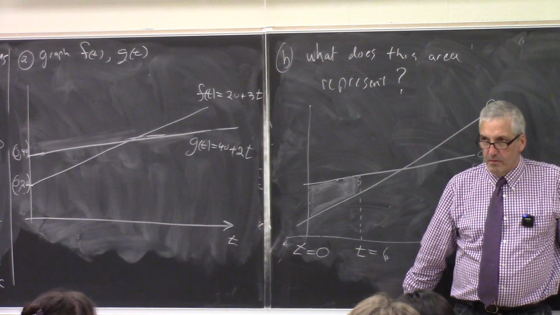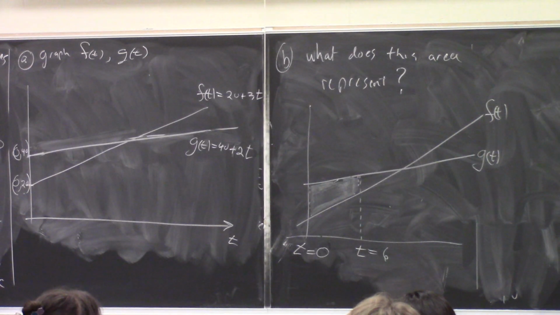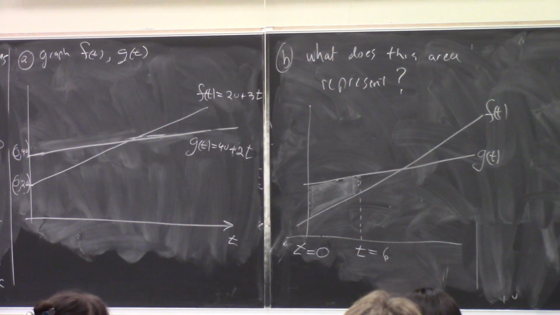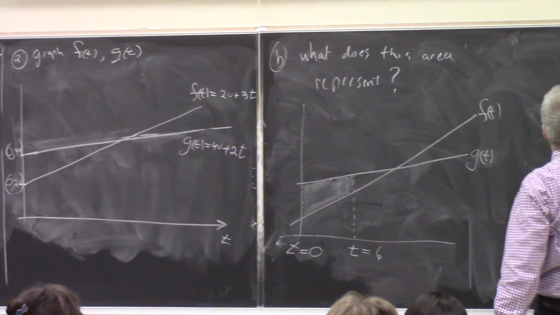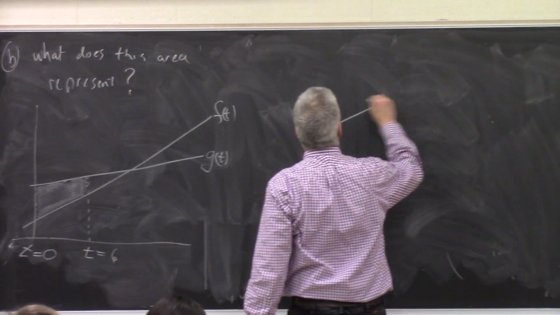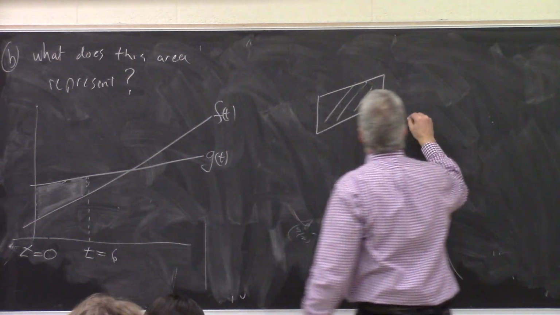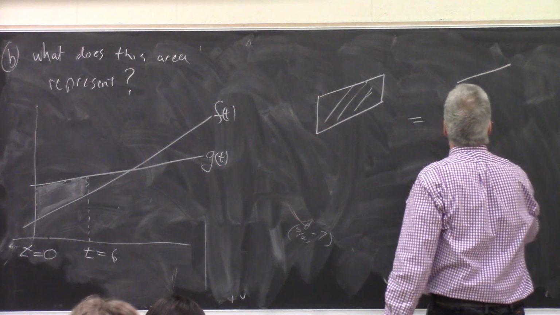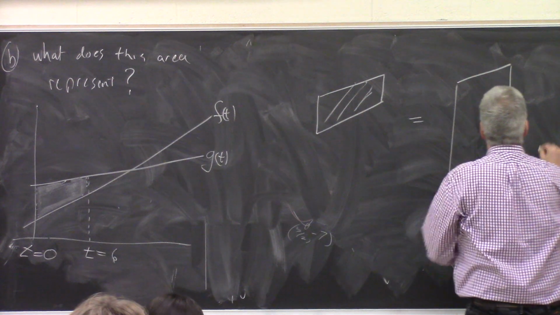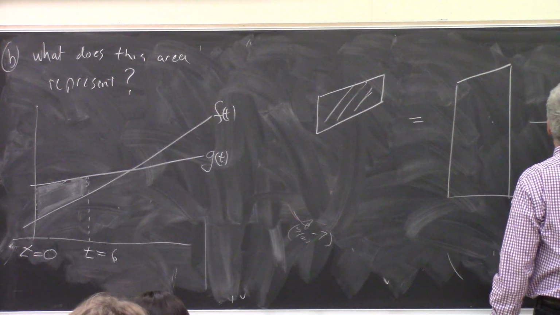At time 6. Right. So think about this. I love doing arithmetic with shapes. So this shape you could think of as this shape minus this shape.